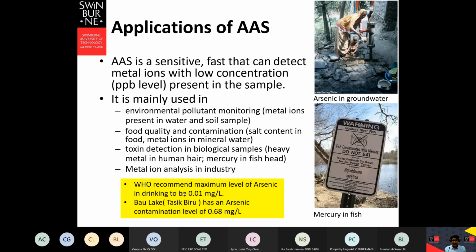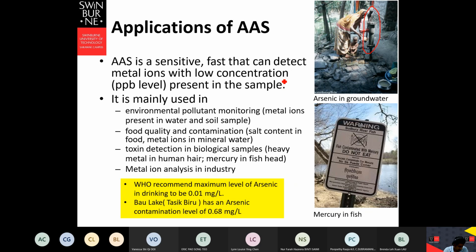In the water, actually, only a very trace amount of arsenic is found, and even that trace amount is very bad for human health. So this is a tube well, a hand pump tube well, and it brings up the groundwater from underground.